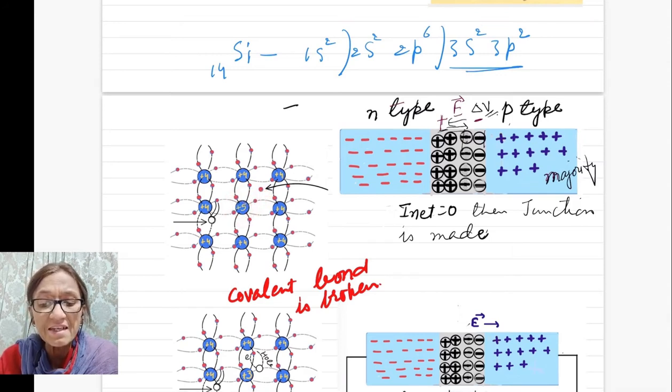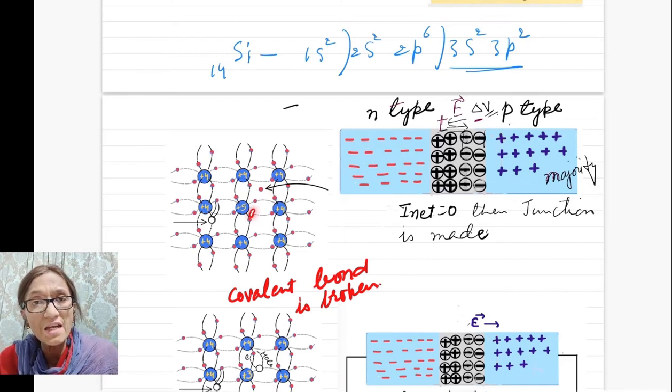Since the other electrons are bound, with the atoms and nuclei totally bound, this electron becomes rather free. It is free to move in a larger orbit, free from its nucleus. So this is one electron sitting here. These are the free electrons.